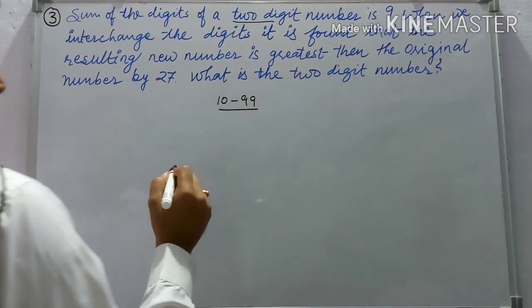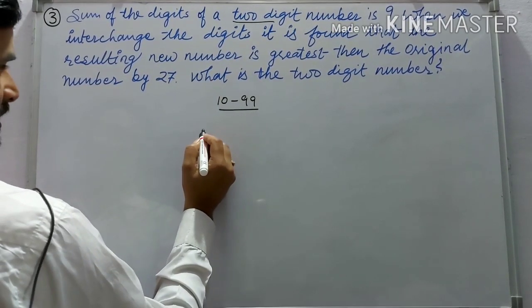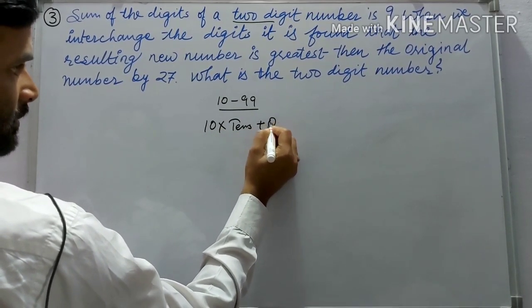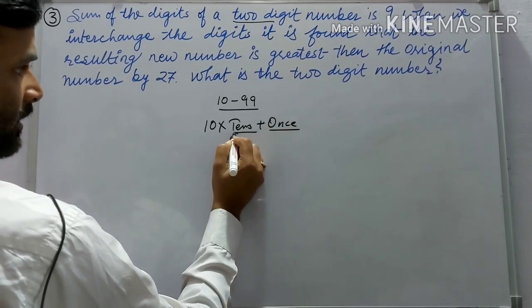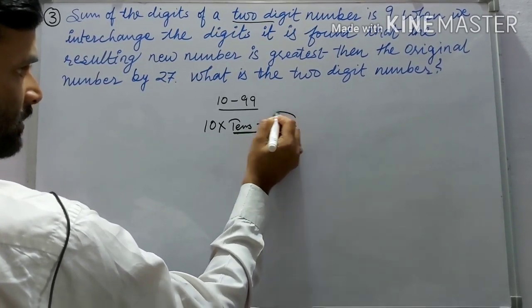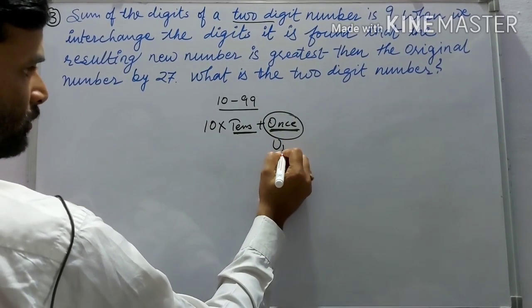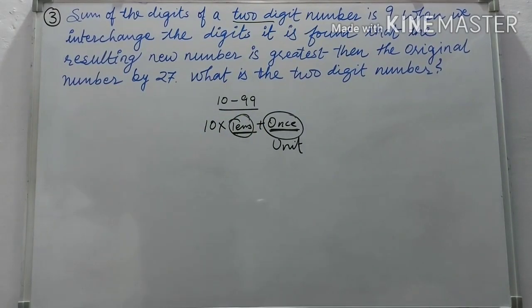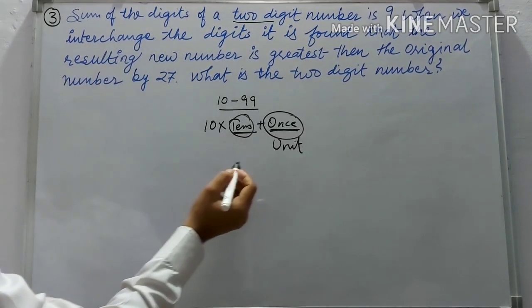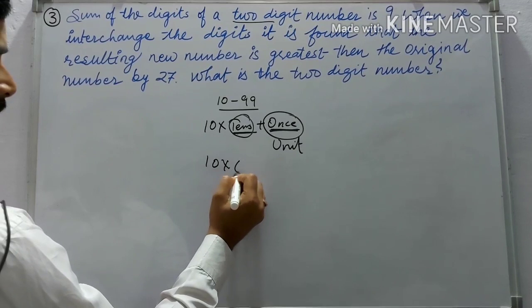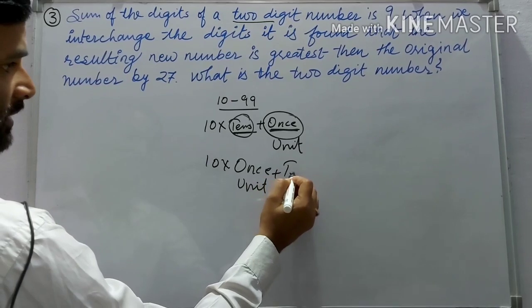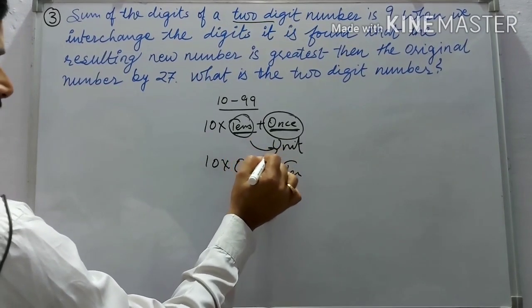In words, a two-digit number is written as 10 into tens digit plus ones digit. The first place is the ones place, called the unit digit, and the second place is tens, called the tens digit. Interchange means 10 into the unit digit plus the tens digit.